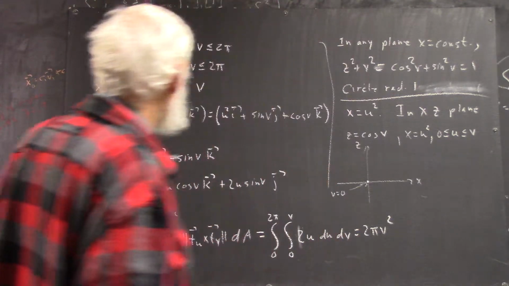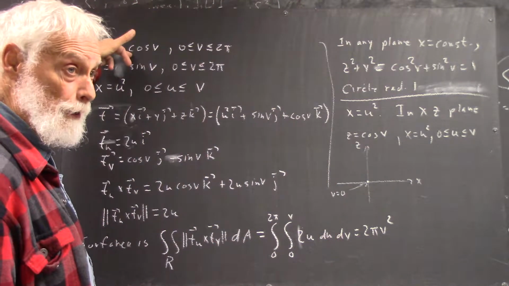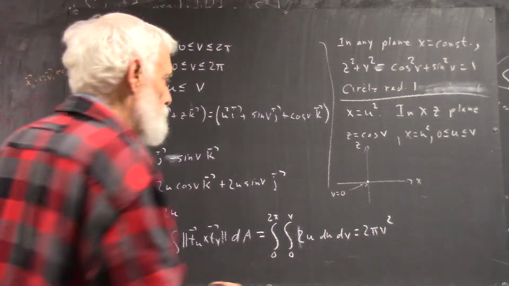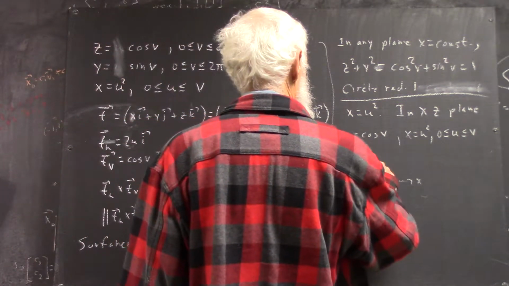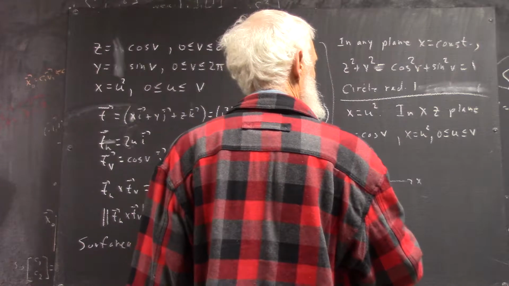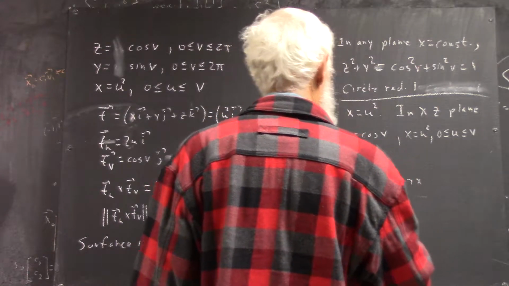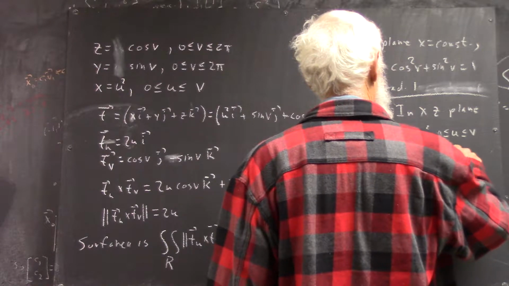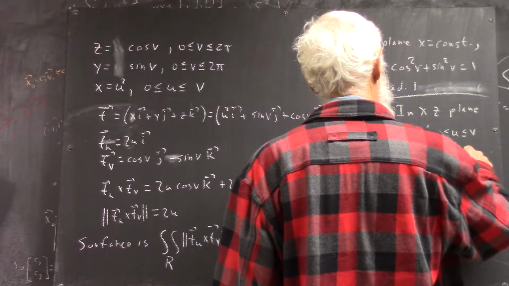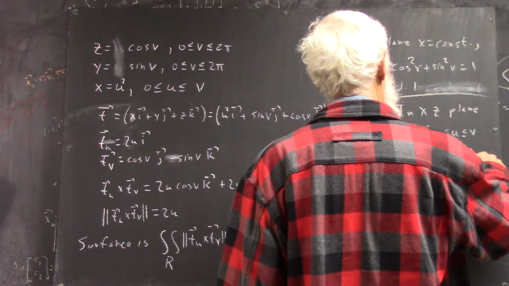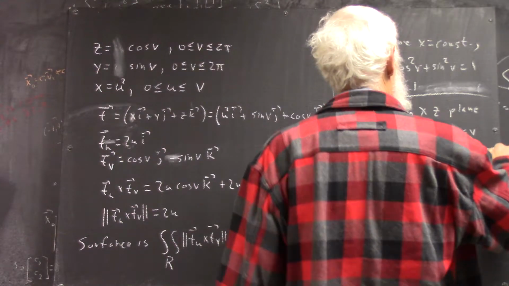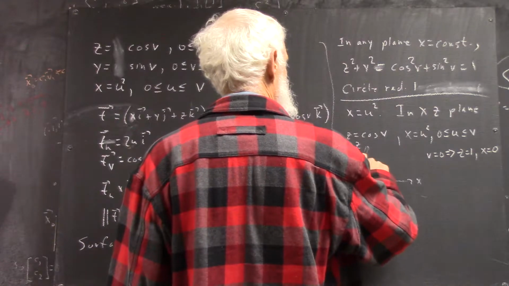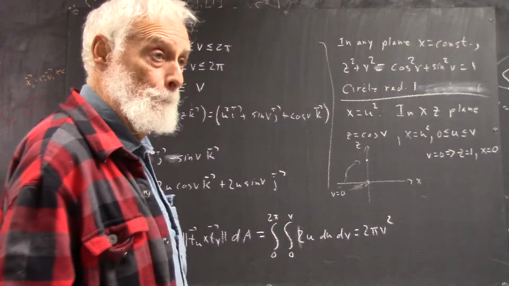Yeah, for v equals 0, z is a cosine of v, right? Cosine is 1, so I was wrong about that. Okay. So z equals 1, x equals 0. So the v equals 0 point is just a point here, okay?